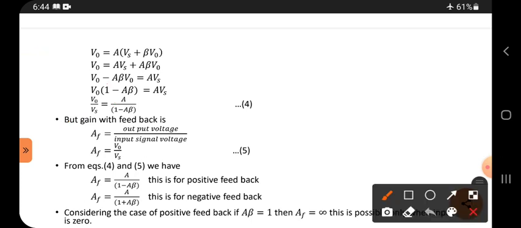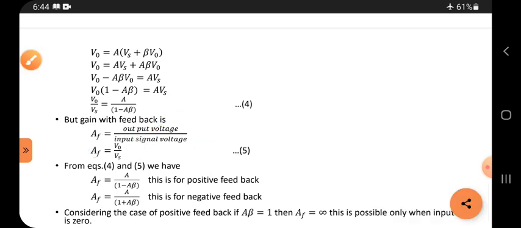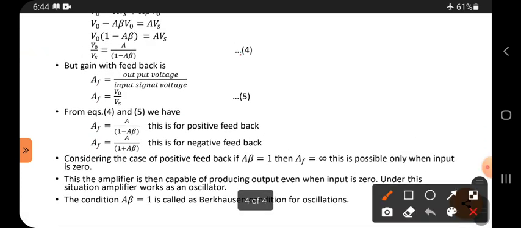So this is a formula. But gain with feedback is AF. It is defined as output voltage to input signal voltage, that is, AF equals V0 by Vs. From equations 4 and 5, both are the same, so we can substitute.